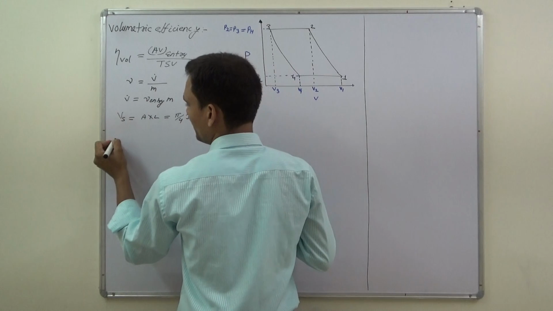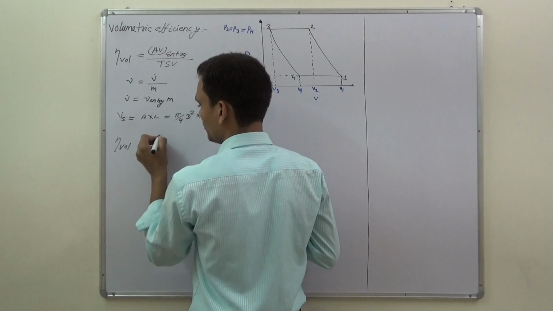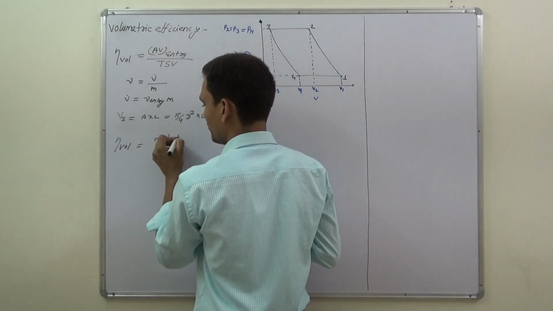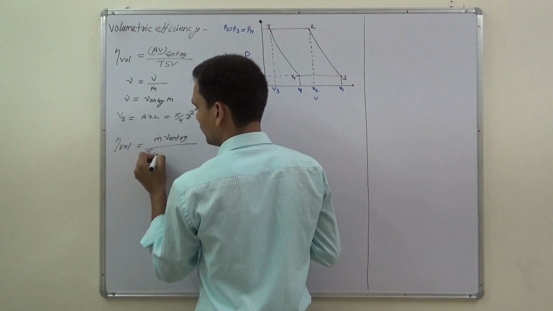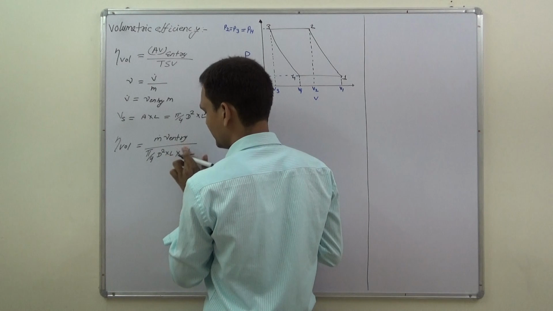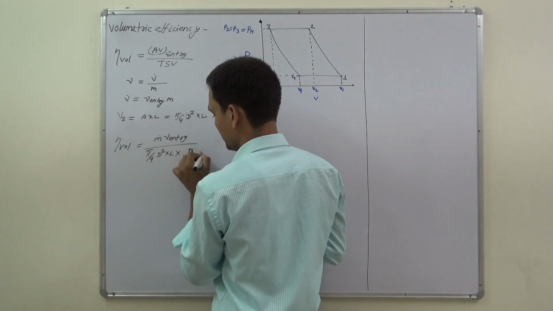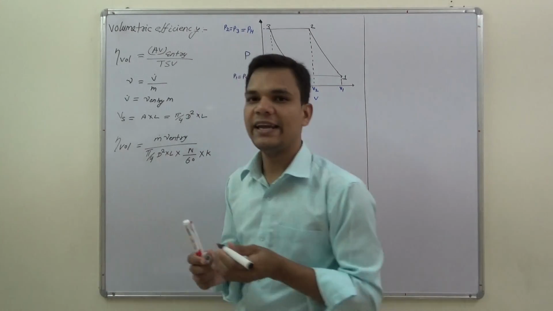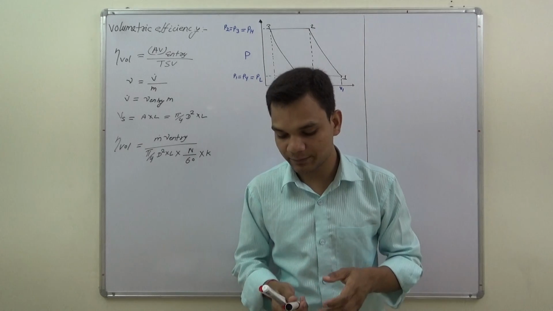Then we can write volumetric efficiency is equal to mass flow rate multiplied by volume at entry, over pi by 4 d square into L into n by 60 into k, where n is the number of rpm and k is the number of cylinders.